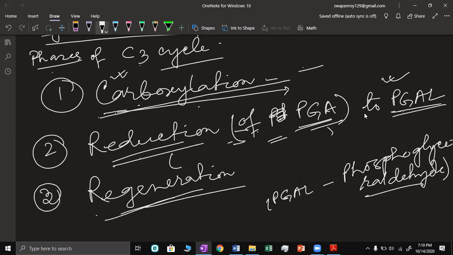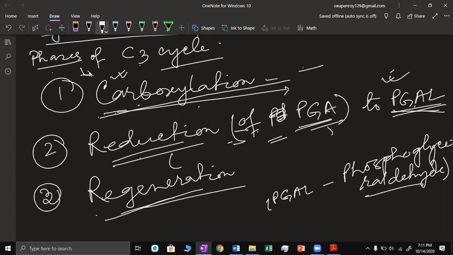After that, from the phosphoglyceraldehyde, carbohydrate is synthesized. And some of the molecules from the phosphoglyceraldehyde are utilized to produce the compound which initiates this cycle.